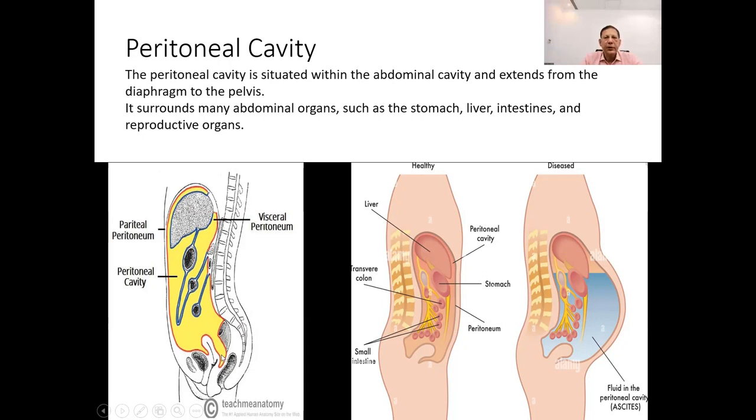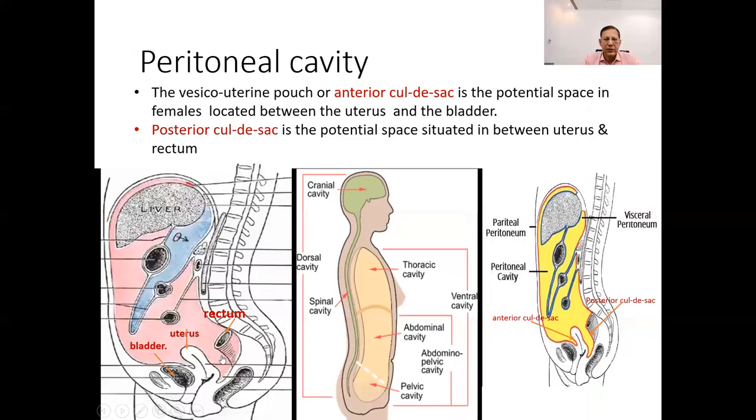Then there is another potential space which is also found in this peritoneal pelvic cavity, and this potential space is called the posterior cul-de-sac, that was anterior cul-de-sac, and this is formed by the posterior wall covering of the peritoneum.